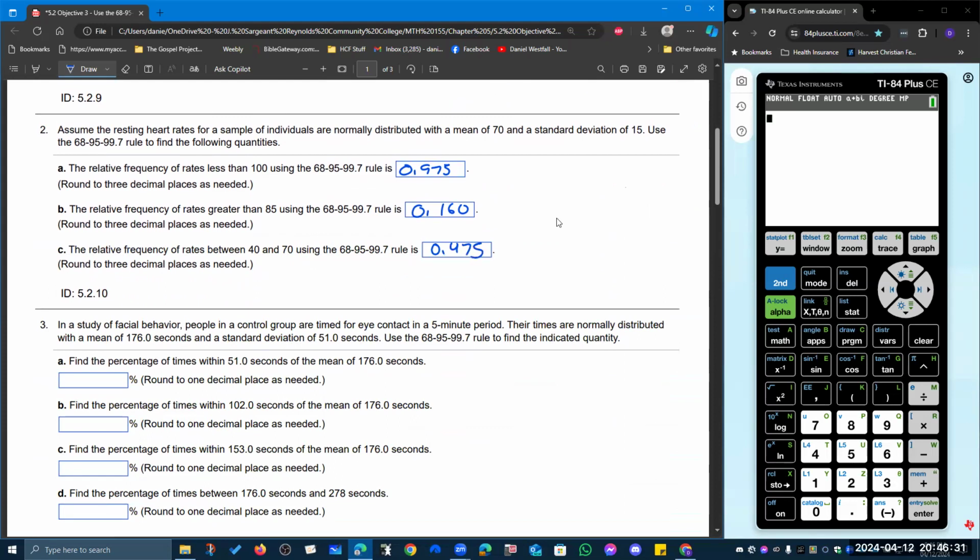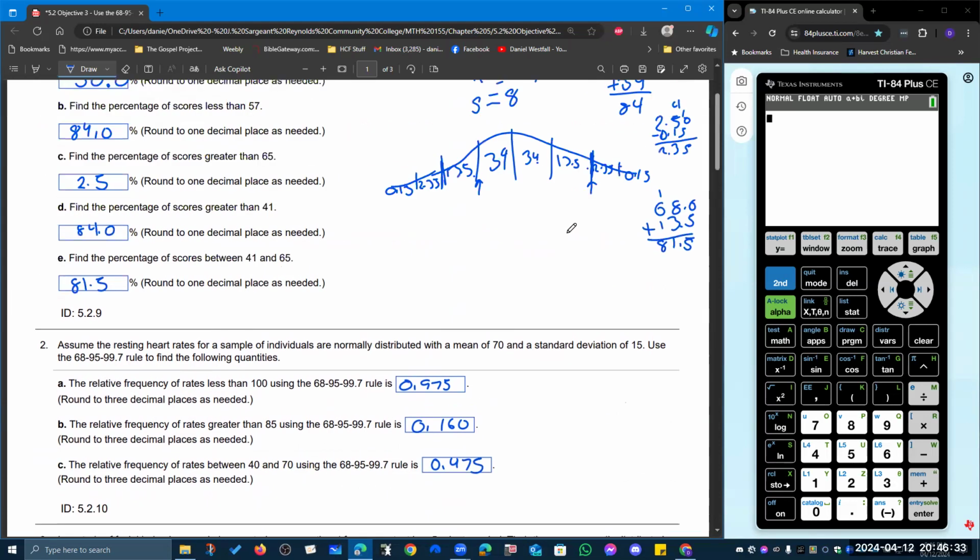And again, I'm just using these percentages that are here, but I'm changing them to decimals and I'm adding those pieces together. So 100 was going to be 2 standard deviations to the right, which is here, and then just add all those pieces together.